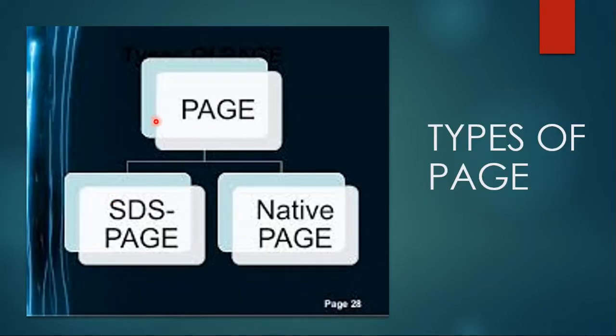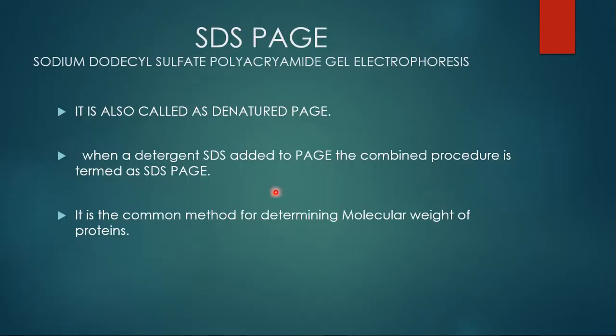Now this PAGE, that is polyacrylamide gel electrophoresis, is again of two types. How many types? Two types. What is that? The SDS-PAGE and the native PAGE. Okay, SDS-PAGE means sodium dodecyl sulfate polyacrylamide gel electrophoresis, whereas this one is native PAGE. Okay, let's look into this one.